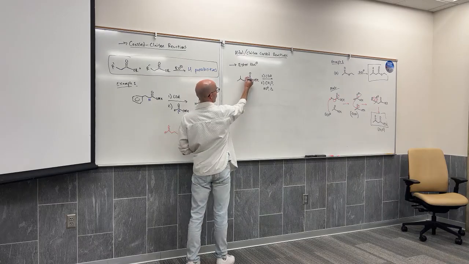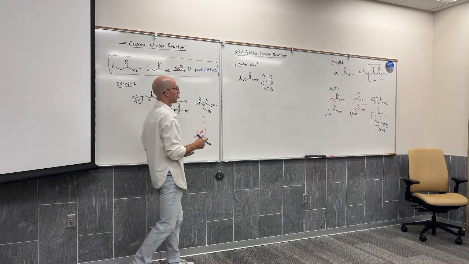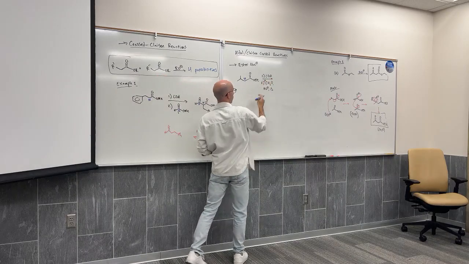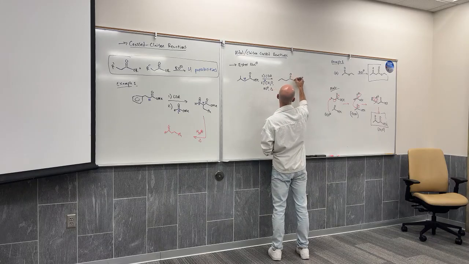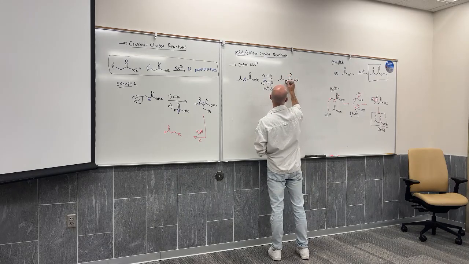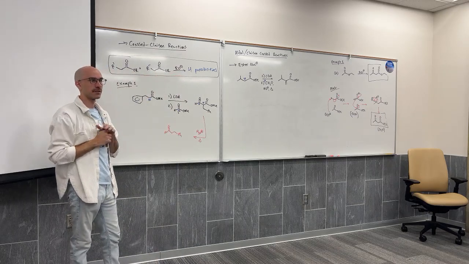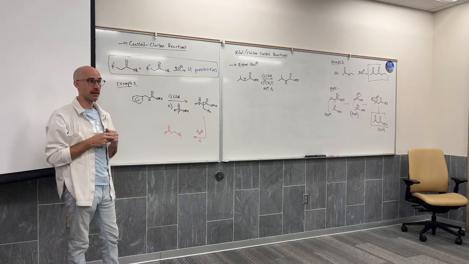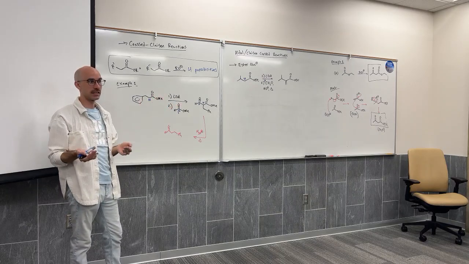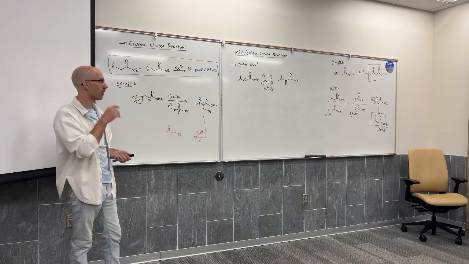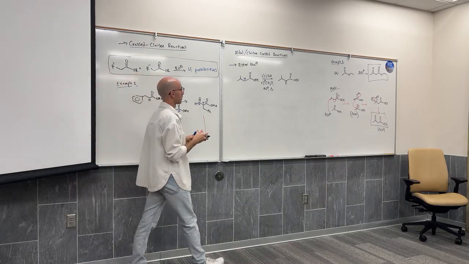Just for reference, this will be alpha because it's reacting with the LDA to become a nucleophile. This will be beta. There's an aldol addition intermediate in there where the alpha carbon attacks formaldehyde and produces a beta hydroxy alcohol. But this is the aldol condensation.